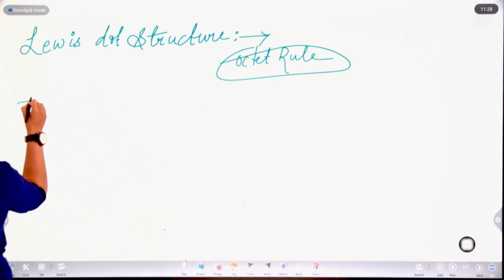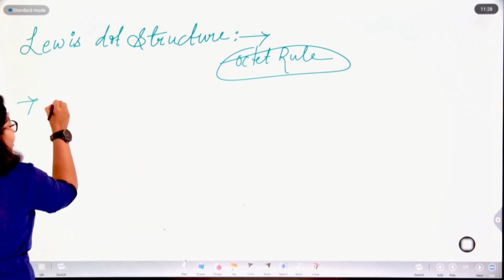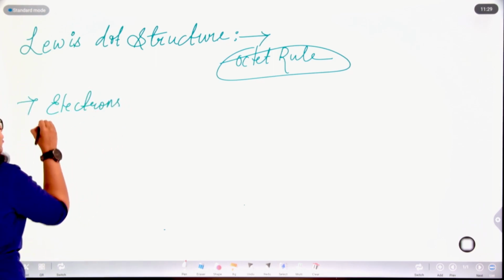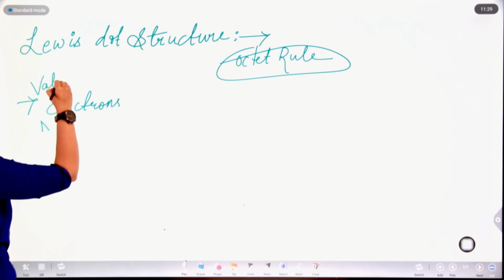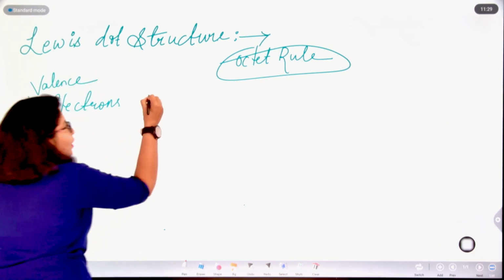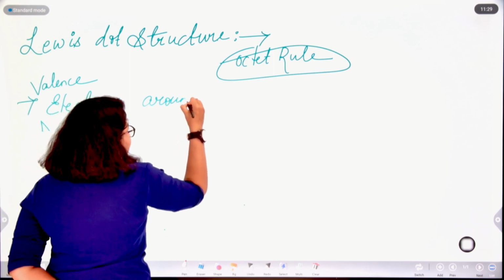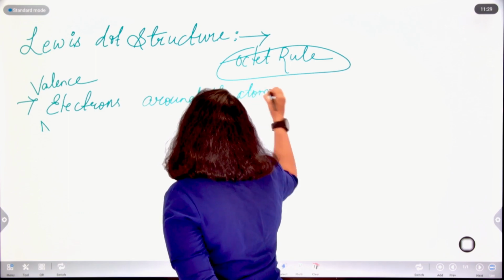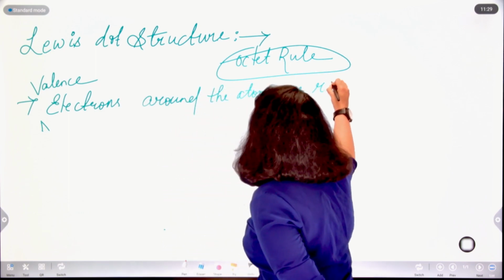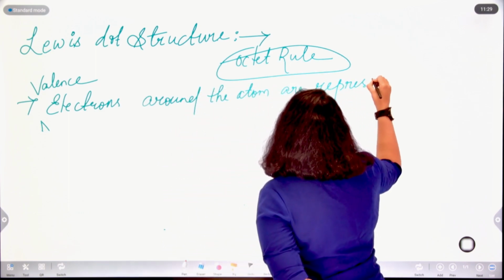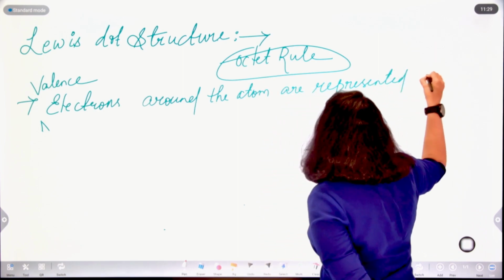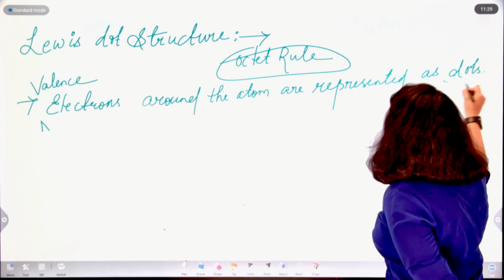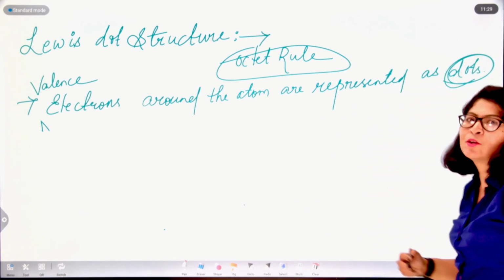First of all, what Lewis said is that electrons, or more precisely valence electrons around the atom, are represented as dots.